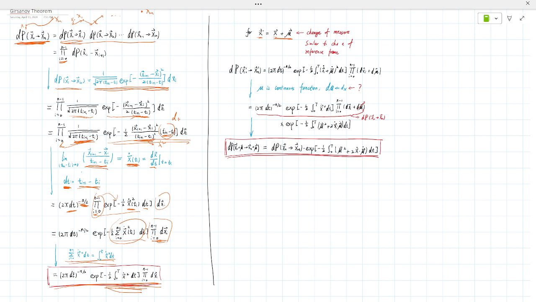Imagine this process is happening in a car. You're looking at it from inside of the car, then it is x.